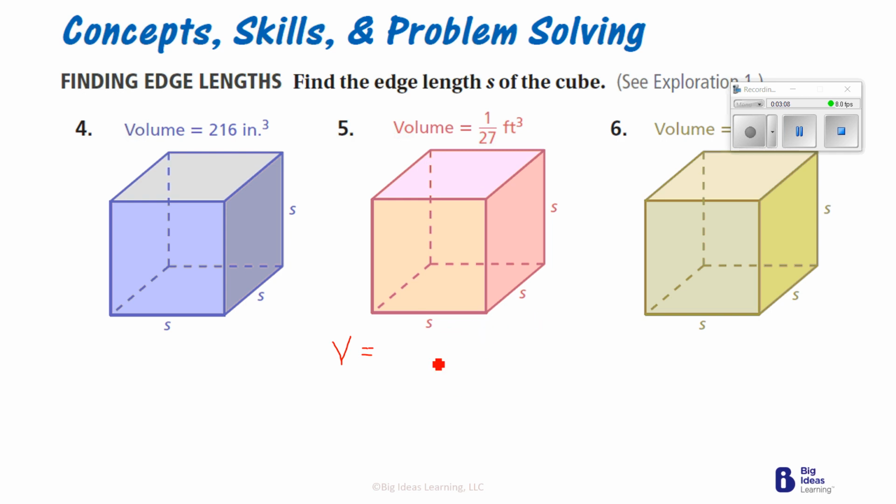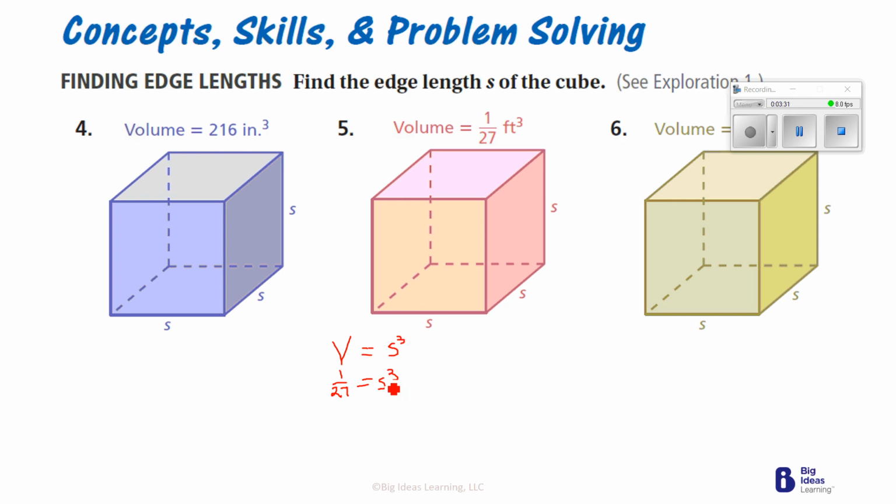So I know this is going to equal the sides times itself 3 times, right? Because length times width times height gives us this. So what we have here is 1 over 27 equals s to the third.